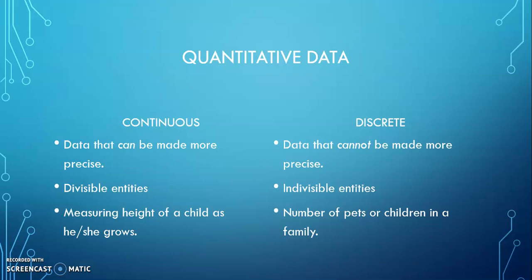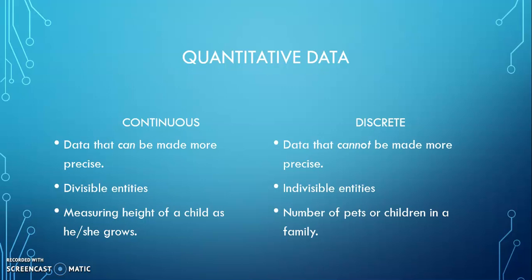Typically that means decimals. If you can use decimals for the data, it's continuous. Like measuring height of a child, that's a good example. Over time, the child's going to grow. She'll be 2 feet, then she'll be 2.5 feet, and then she'll maybe be 2 feet 10 inches, 3 feet, 3 feet 6 inches. So it's continuous, right?